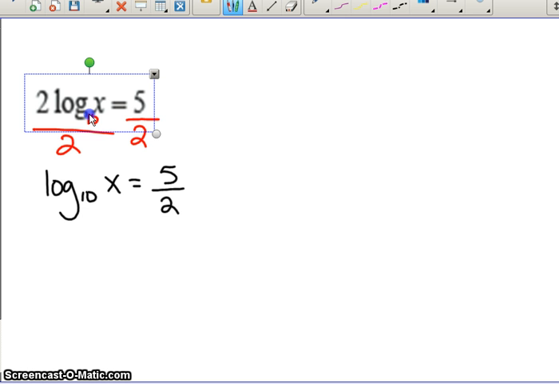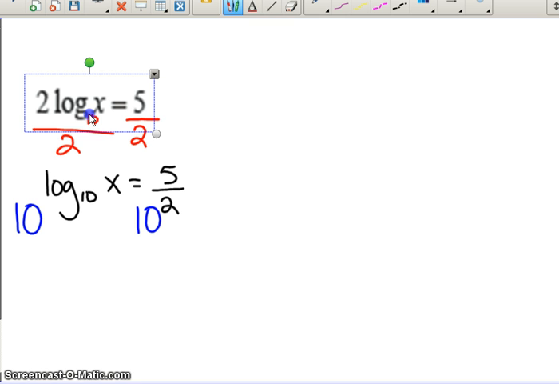That means we're making each side the exponent of 10. 10 is our base, so we want to undo log base 10 by putting a 10 here and a 10 here. That means log base 10 of x is our exponent, and 5 over 2 is our exponent on the other side.